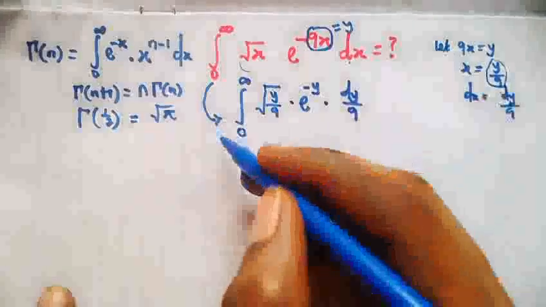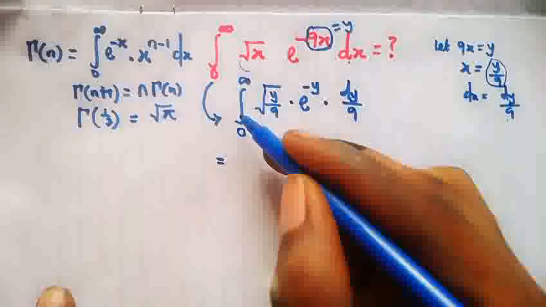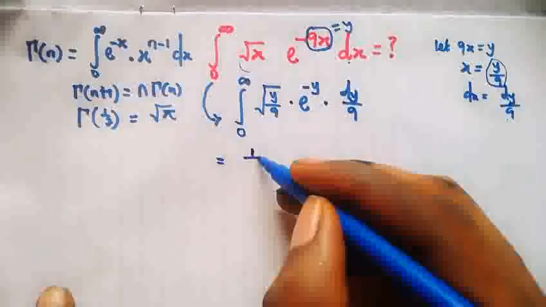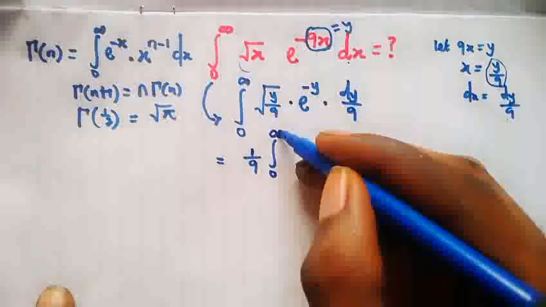So now what do we have? We take this 1 all over 9 out of the integral sign, so we have 1 over 9 times the integral from 0 to infinity.